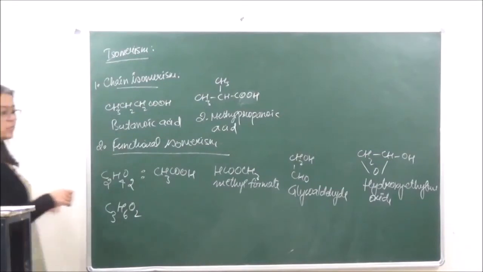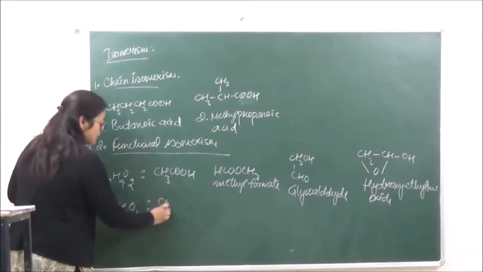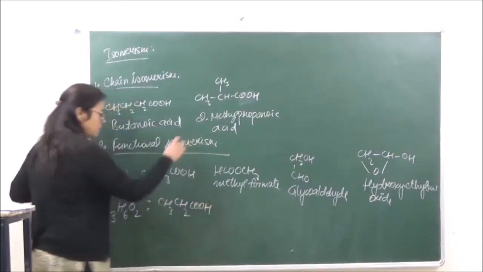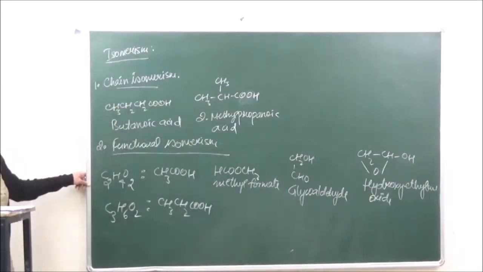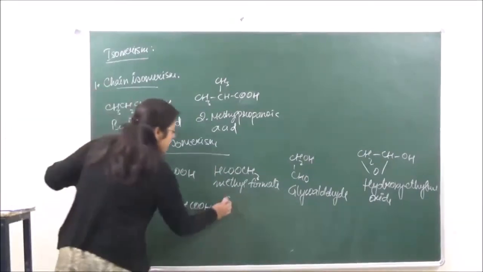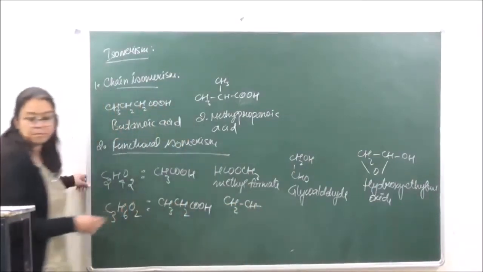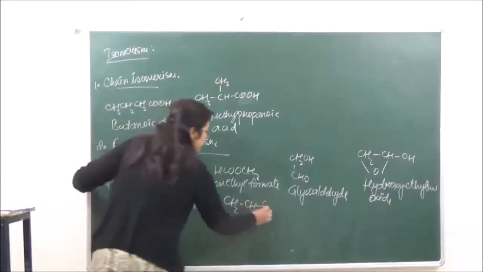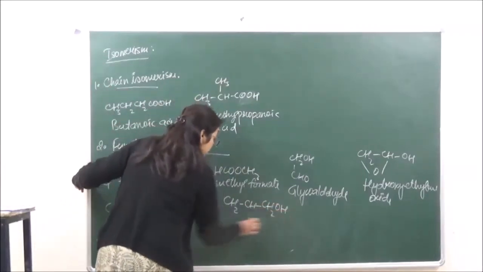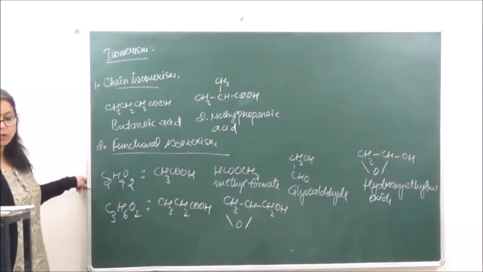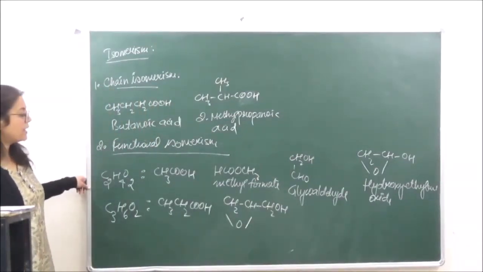C3H6O2, which has the formula CH3CH2COOH, which is going to be propanoic acid. Now the isomer of this can be this, which is known as 2,3-epoxy-propane-1-ol.